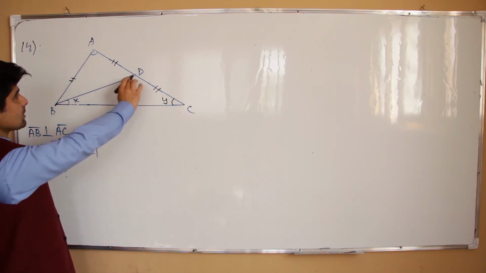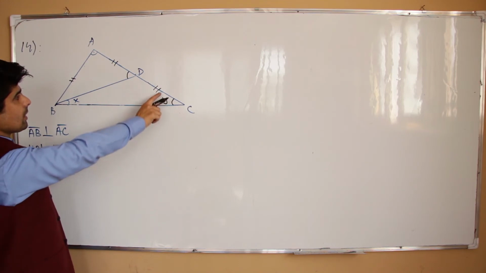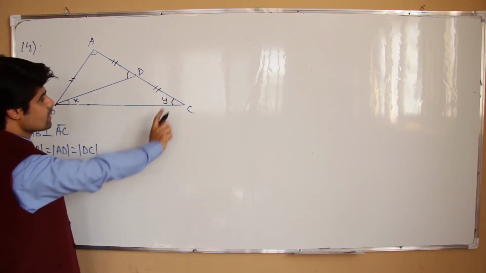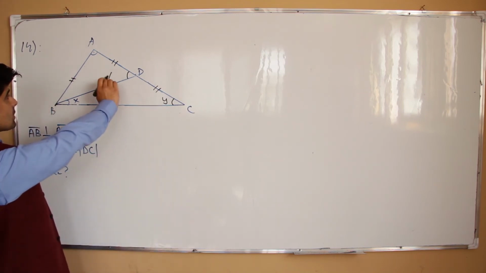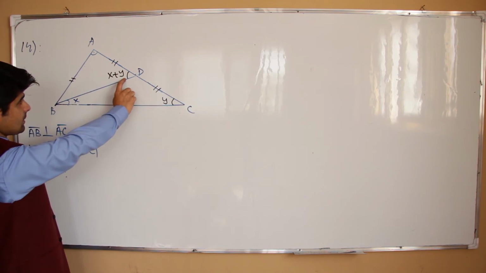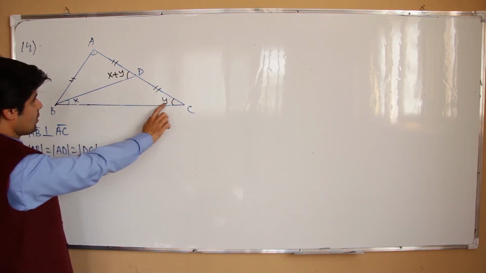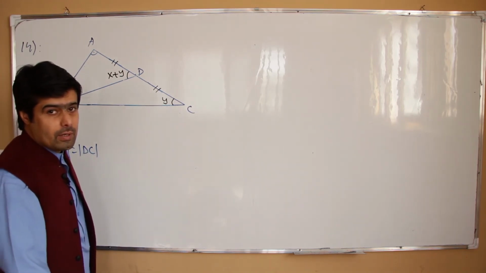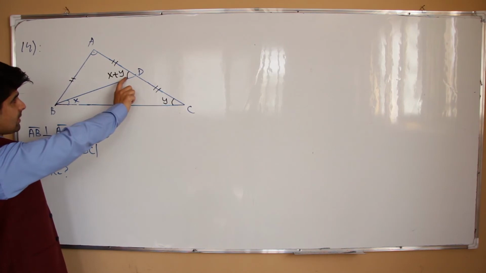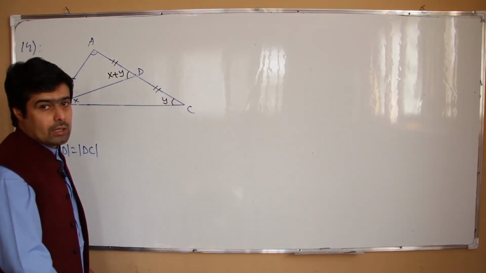This angle is an external angle for the BDC triangle. It means this is x plus y. You know that an external angle is the summation of the two angles which are not adjacent. Am I right or not? Yes.